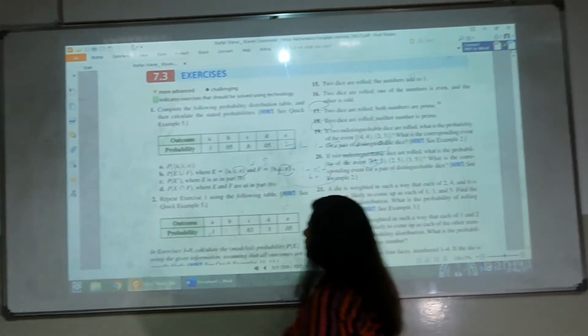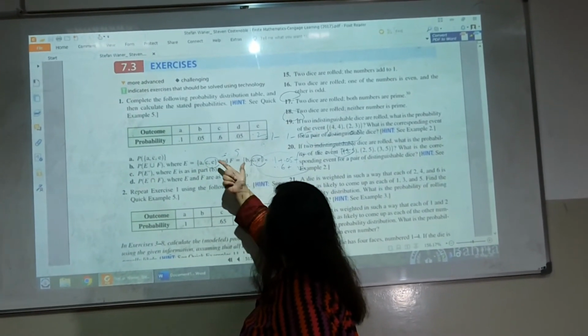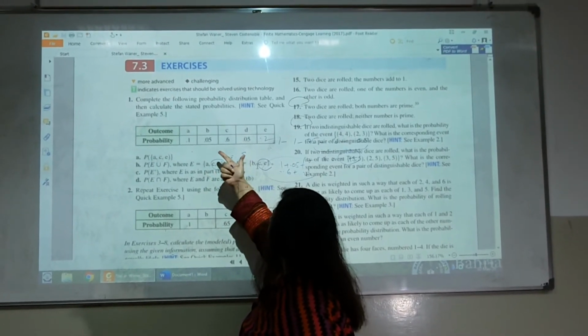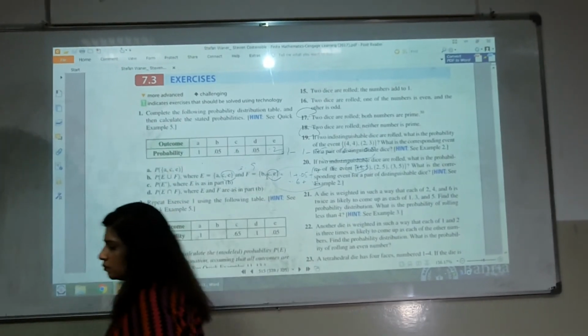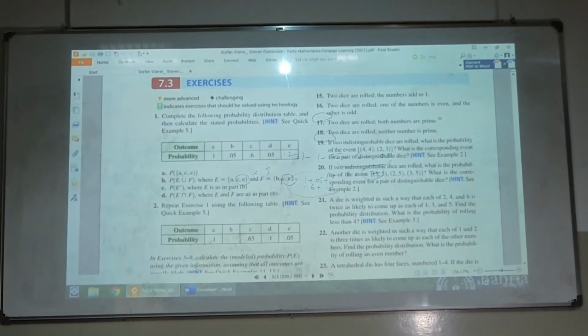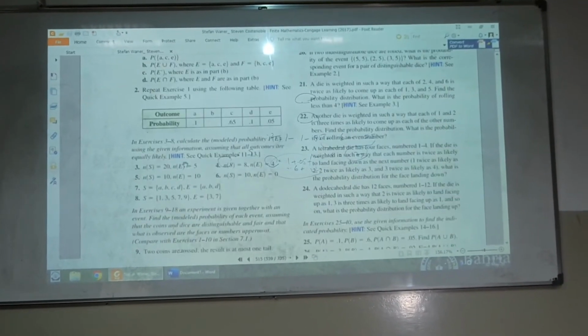Similarly, we have E complement, where E is in part A, B, C, E. So E complement would be B and D, 0.1. Okay, similarly is the B part.